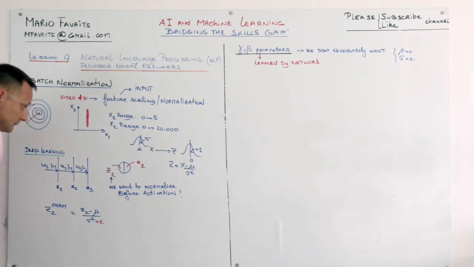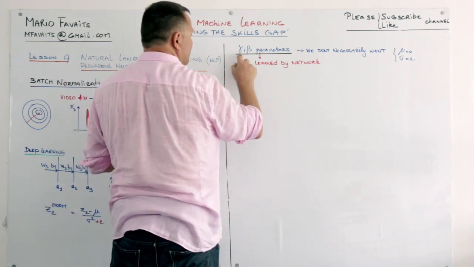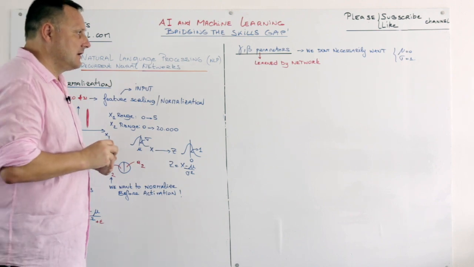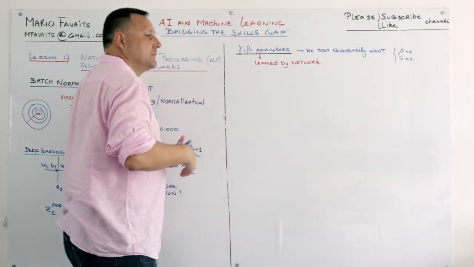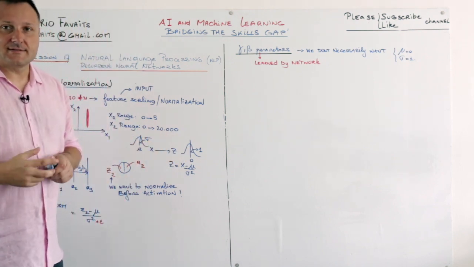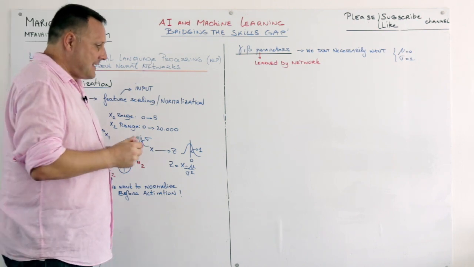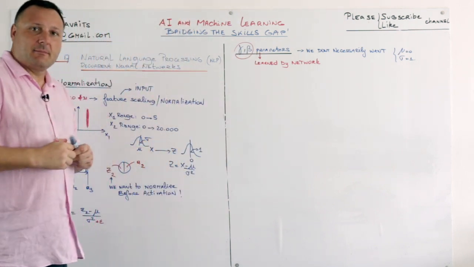Now, you will see that there are two parameters defined, gamma and beta, because we don't necessarily want to have mu equal to 0 and sigma equal to 1 in all cases. We want to have some degree of freedom, and basically what we want to do is let the network learn these parameters.